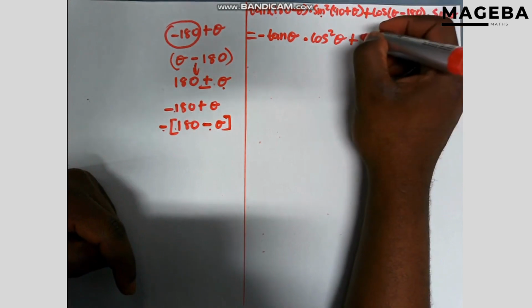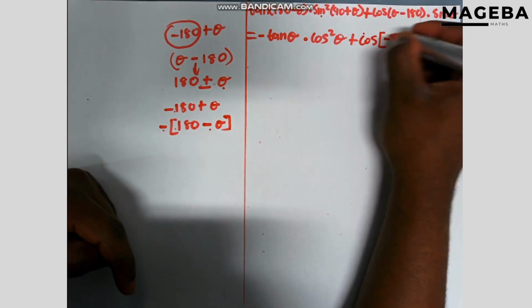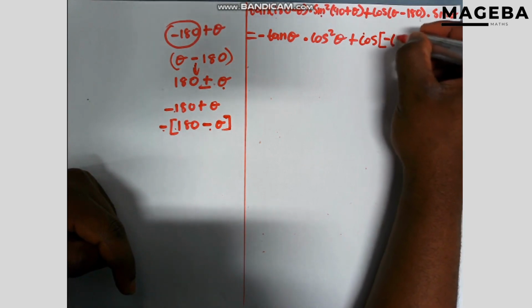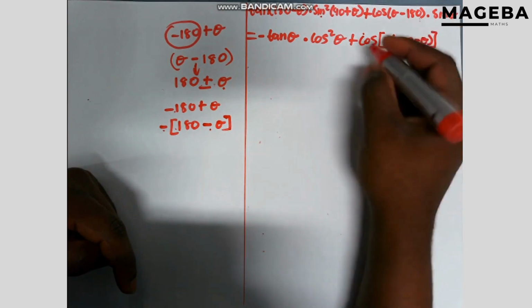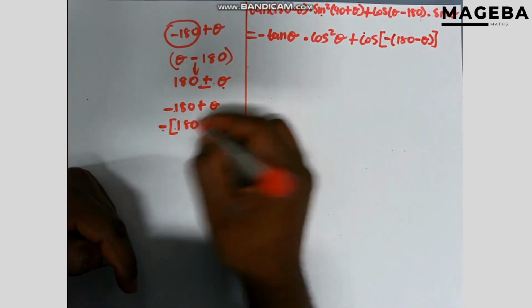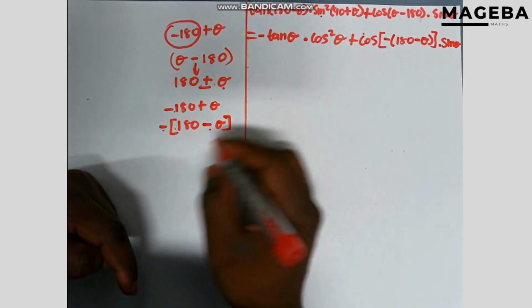So from here we're just going to say cos, take a common factor as a negative sign, and then 180 minus theta. I've already explained how we do this, and then times sine theta. I hope you understand.